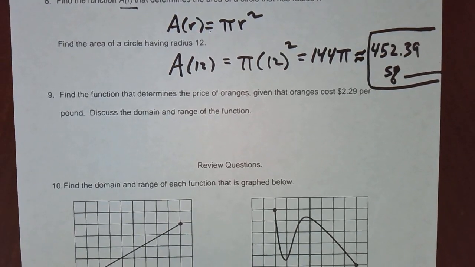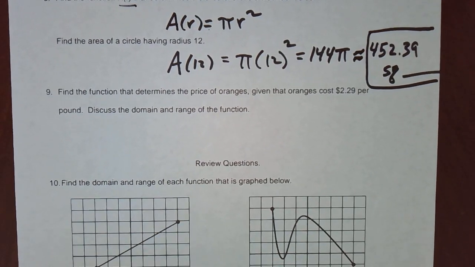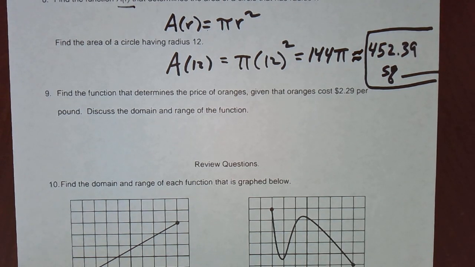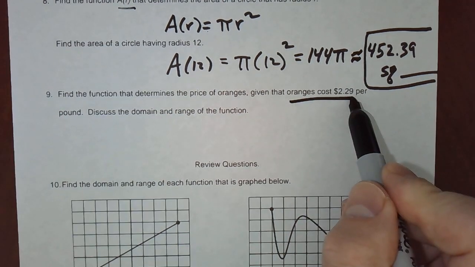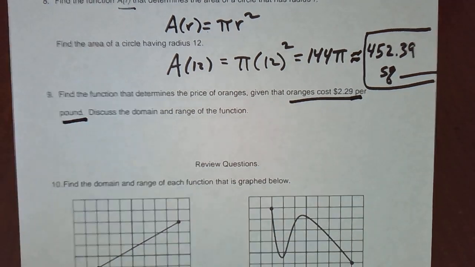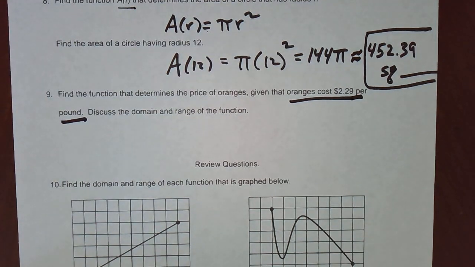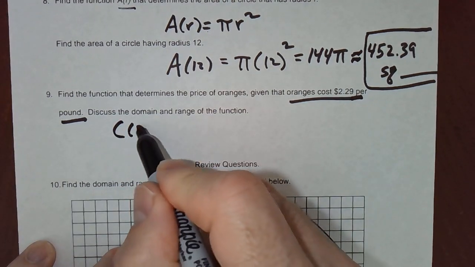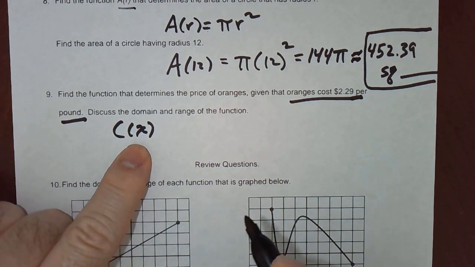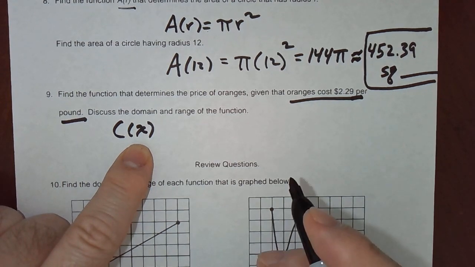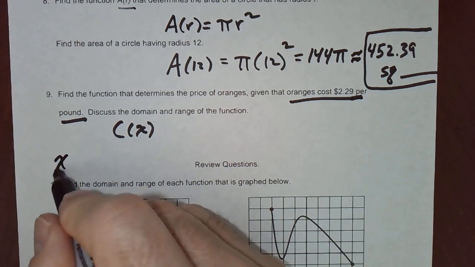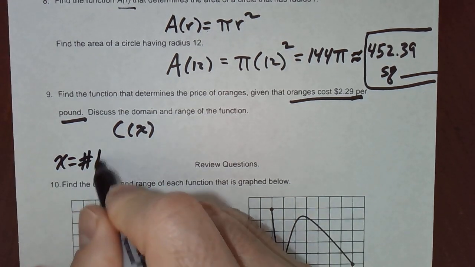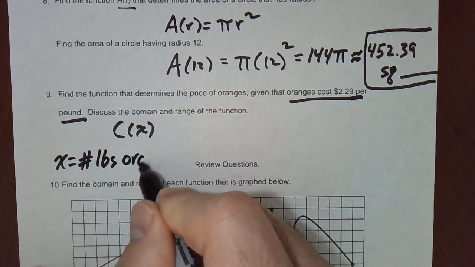All right, the next one. Find the function that determines the price of oranges given that oranges cost $2.29 per pound. And then discuss the domain and range as well. Well, that's fairly straightforward. The cost of x, we'll say x is the number of pounds of oranges.